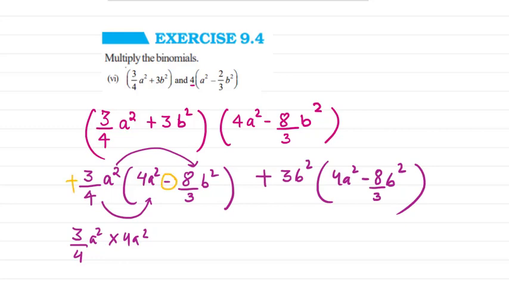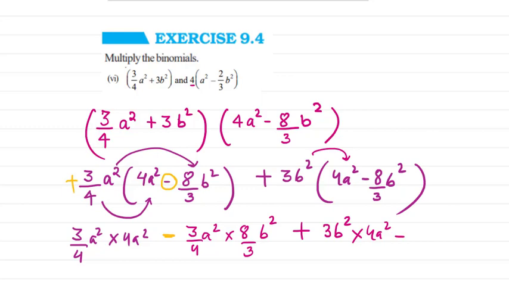Plus minus will give you a minus sign, so you'll get 3 by 4 a square and then 8 by 3 b square, and then the second bracket will multiply with 3b square. Again, 3b square into 4a square and then minus 3b square into 8 by 3 b square. If something can be cancelled, you can cancel it. Here you can cancel this with this, and here you can cancel out this thing as well.